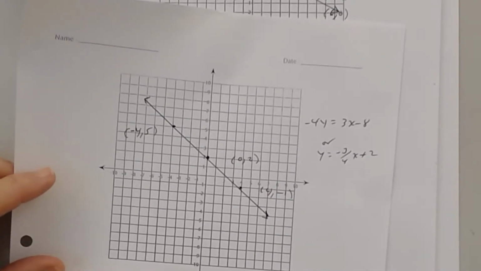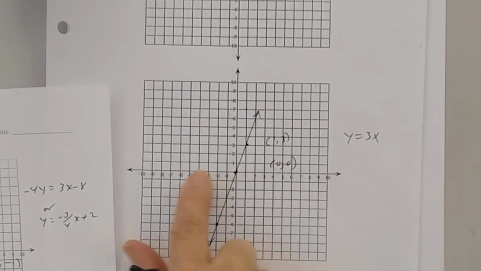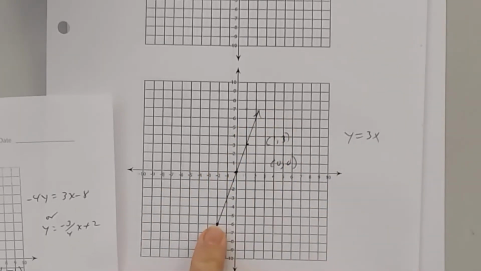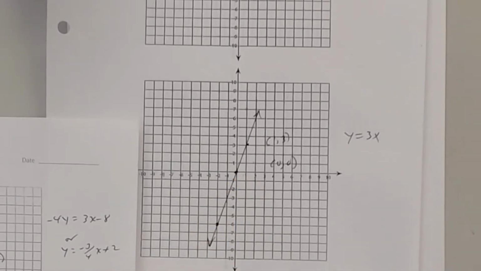What do you notice about these three in comparison to this one, where the x and y-intercepts are the same, where the graph crossed the x-axis and the y-axis at the origin? What do you notice is different?